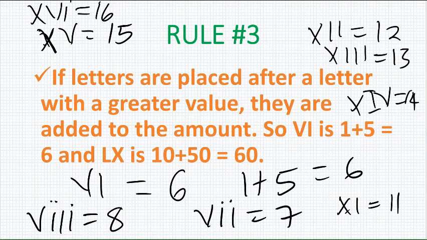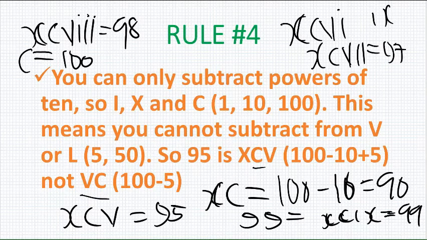Rule number 3, if letters are placed after a letter with a greater value, they are added to the amount. So we have 5 plus 1 to be VI. And final rule, you should never subtract powers other than 10, like I, X, and C. Anything outside there is wrong.